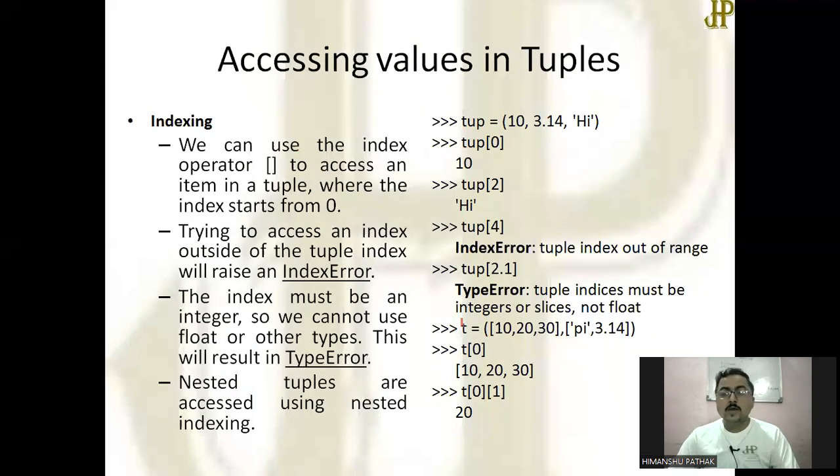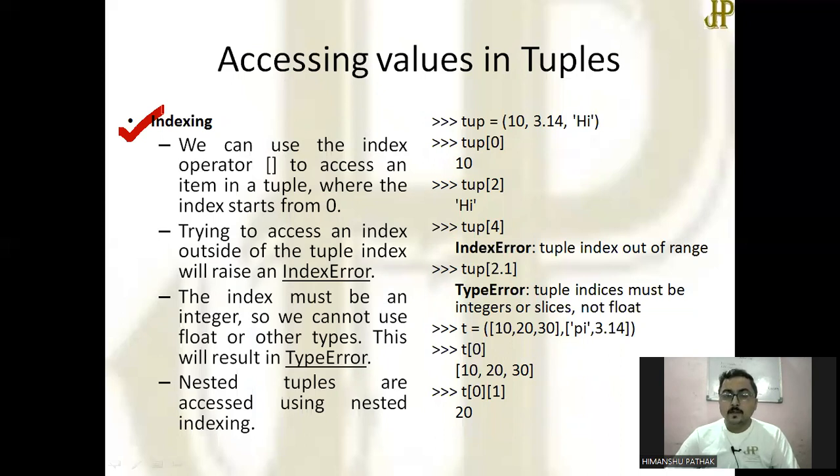Now, how to access? There are various ways through which you can access the elements present in the tuple. First one is indexing. Same as list, tuples can use indexing to access the element.